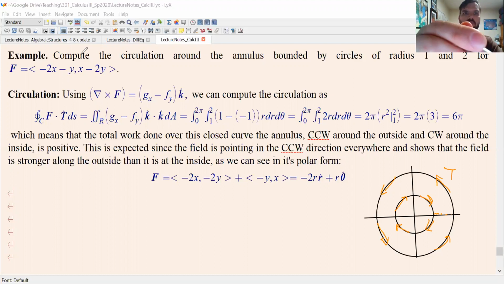So let me color in the region we are integrating.